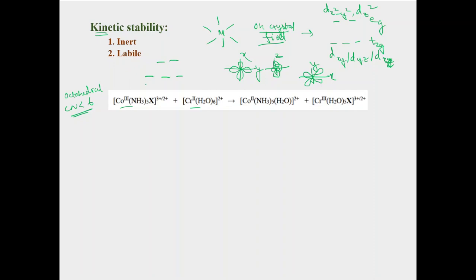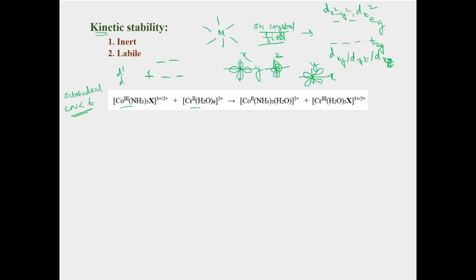And also, let's say we are having a d1 system. The d1 system is also labile because this T2g is not completely filled, so electrons can come into these orbitals as well.